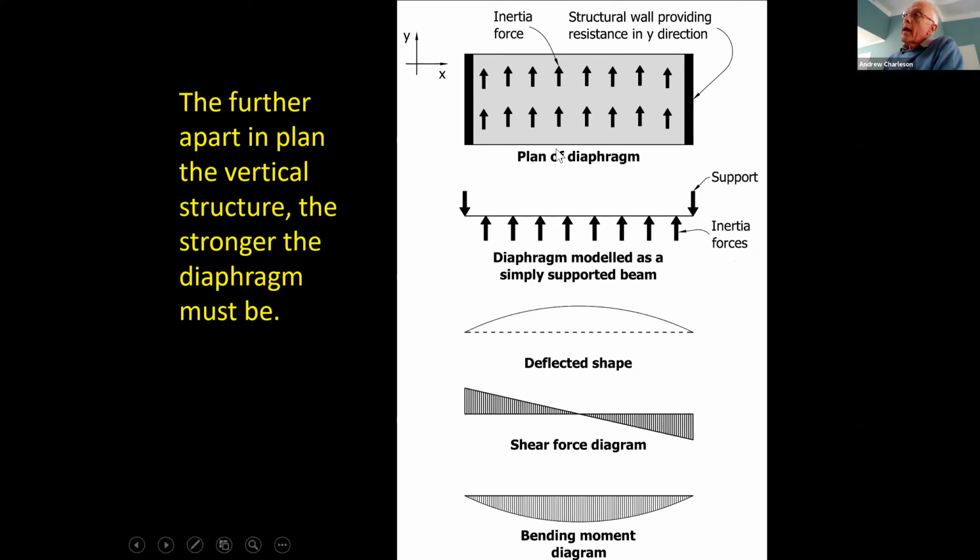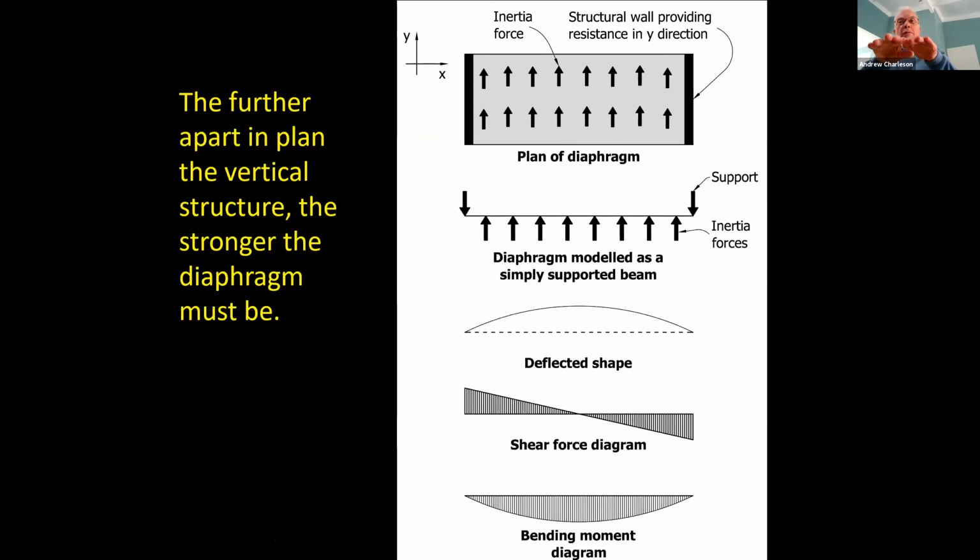And so if we look at a typical floor diaphragm, here are the inertia forces acting. We can do a mathematical model. And here are the inertia forces, and the supports are the shear walls. So essentially a diaphragm is a beam. It's a horizontal beam. It just works horizontally.